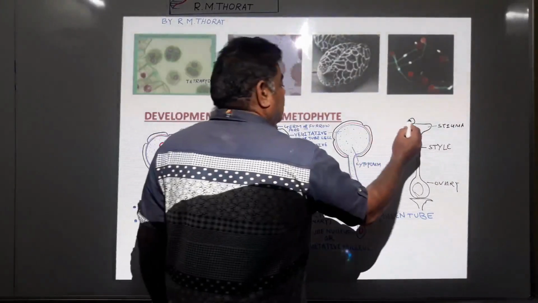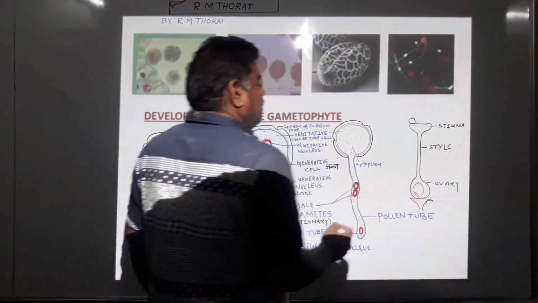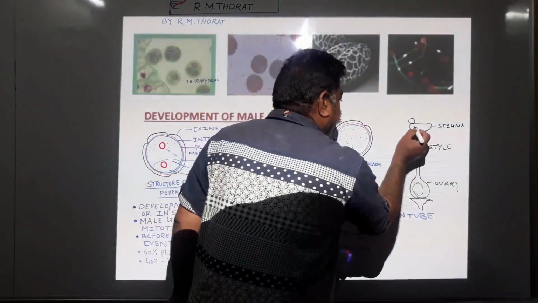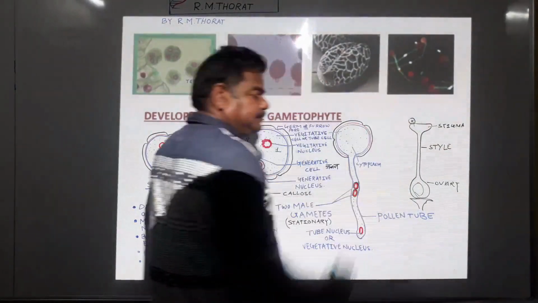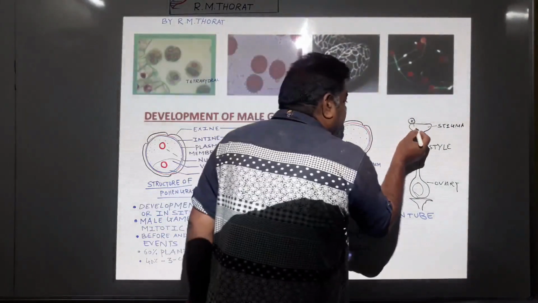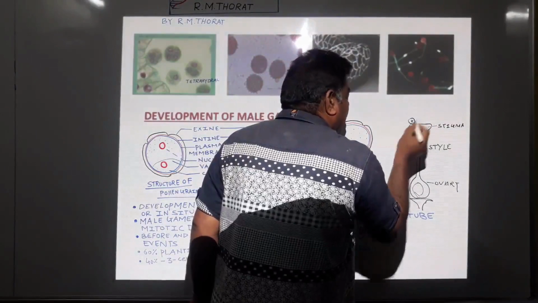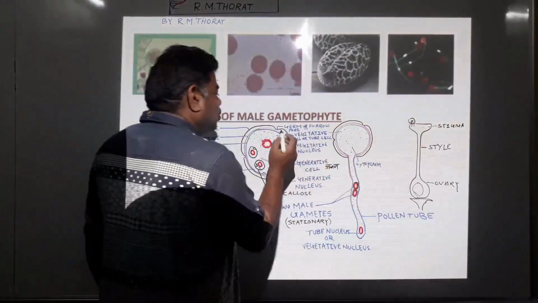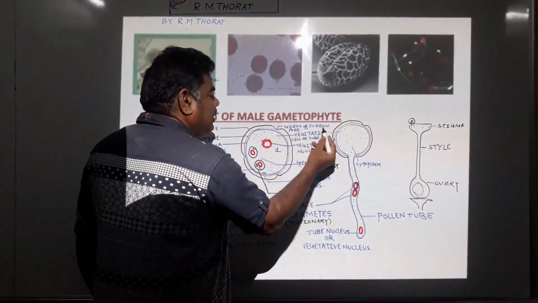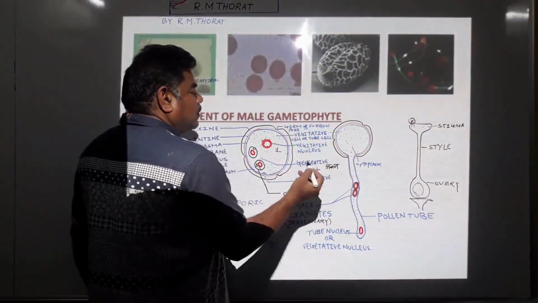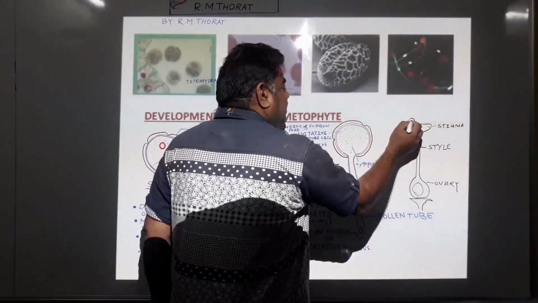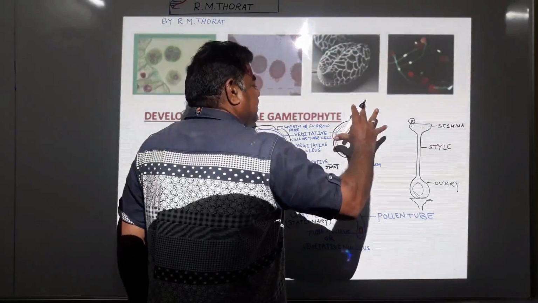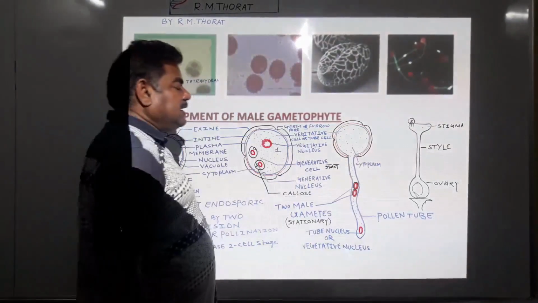When the pollen grain is deposited on the stigma of the same species, it absorbs water or sugary material from the stigma. When the pollen grain absorbs water through the germ pore, or germ furrow, water moves inside, due to which the size of the pollen grain increases.